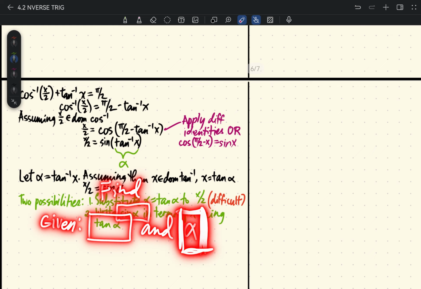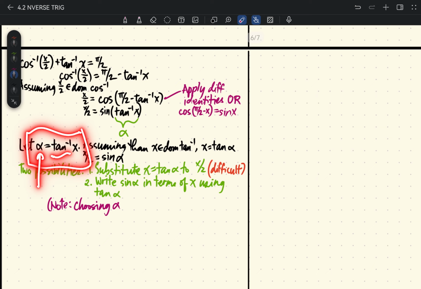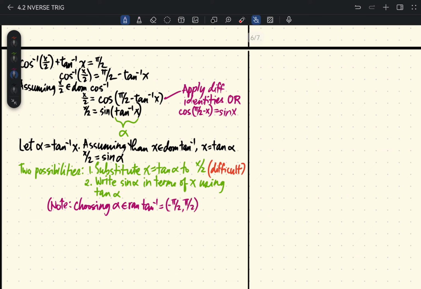So what's the condition for our angle? So take note here. We are choosing alpha, if you are looking at this substitution right here, alpha equals the tangent inverse of something. So we're choosing alpha to be in the range of tangent inverse. And the range of tangent inverse is negative pi over 2 to pi over 2.